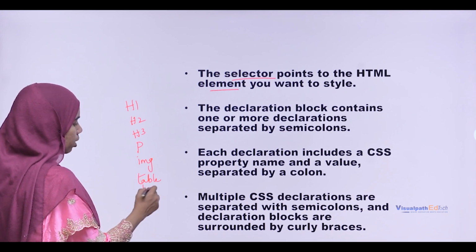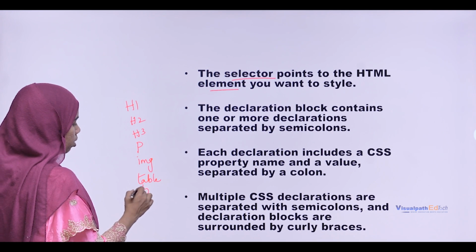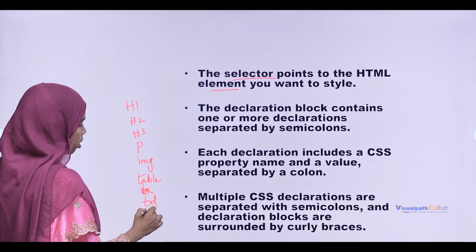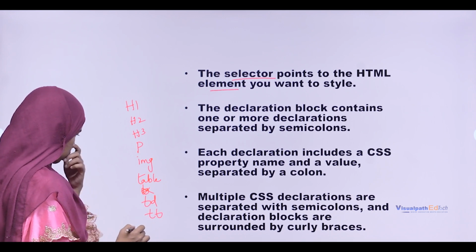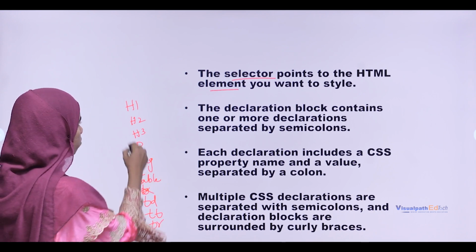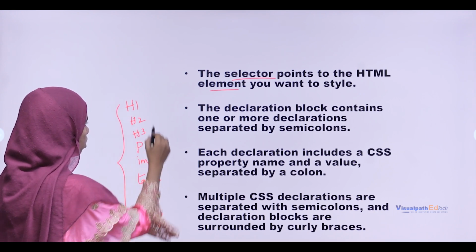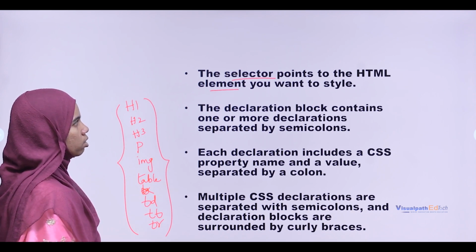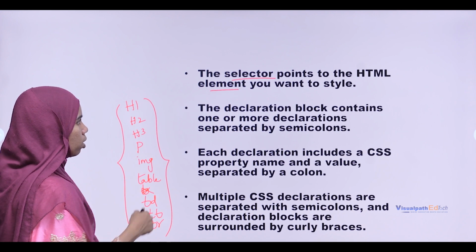Okay. Then table elements we have like table data, table row, and so on. So whatever tags you have in your HTML, upon all of these, you can apply your selectors. You can give the selectors from any of them.